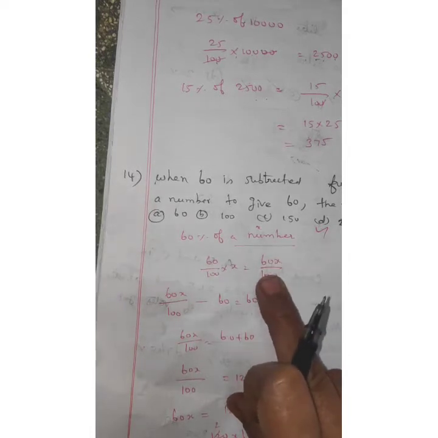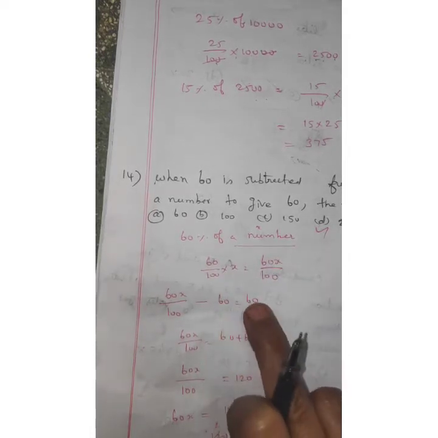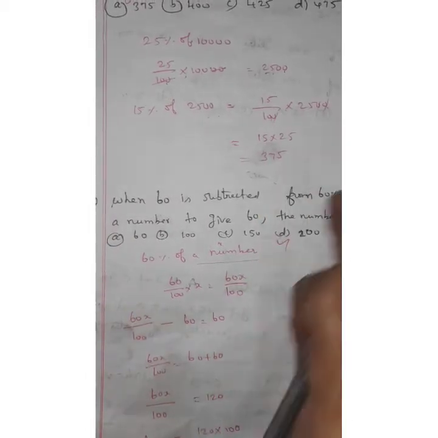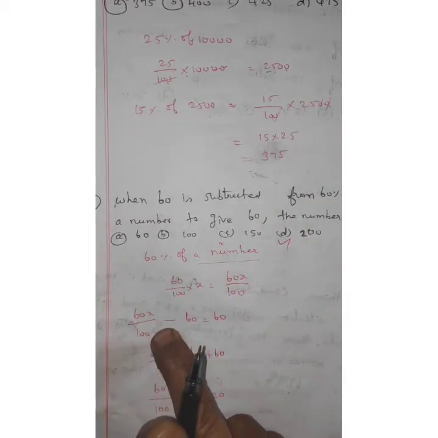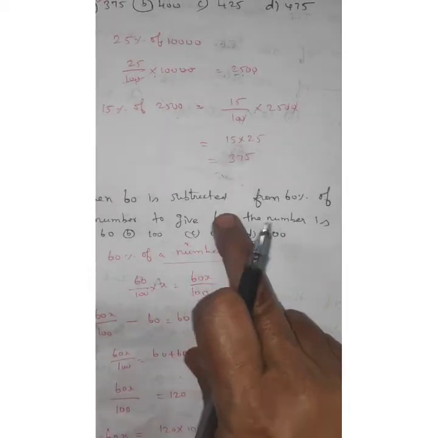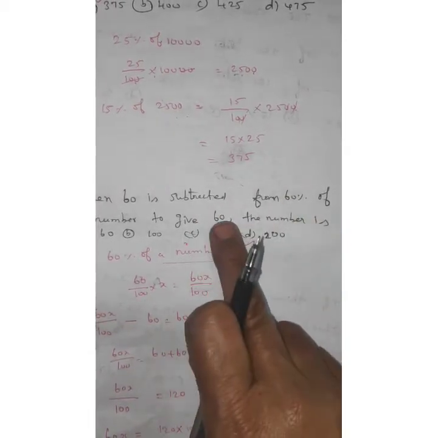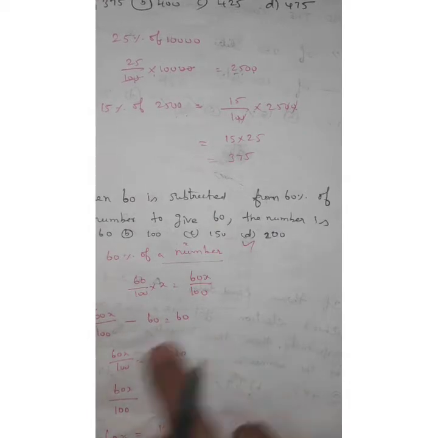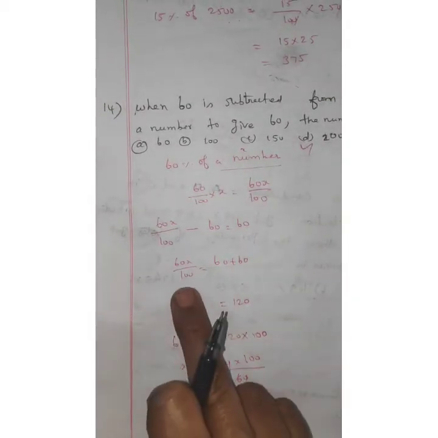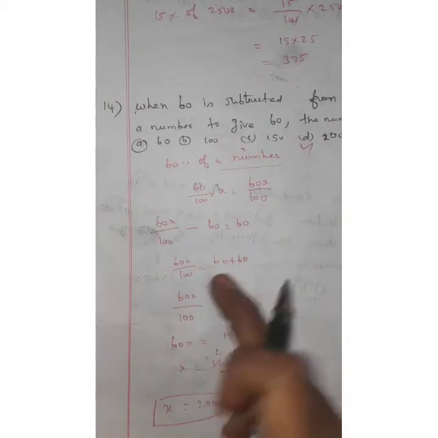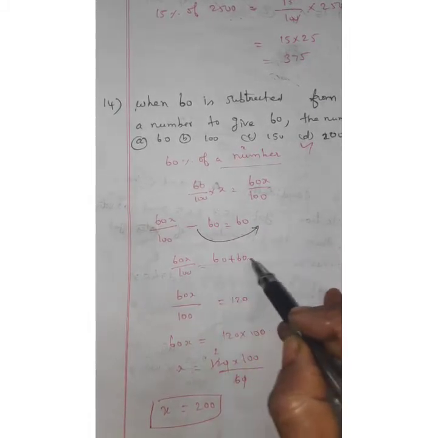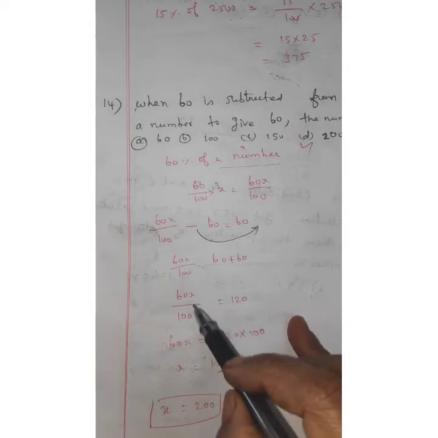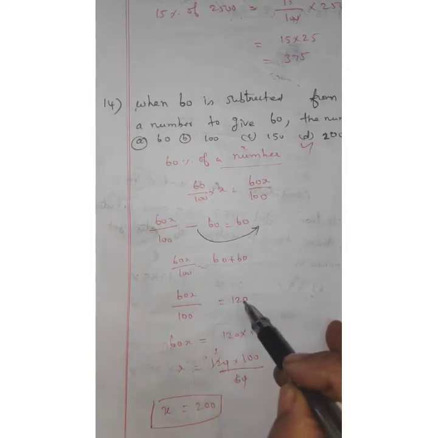When 60 is subtracted from this, you get the answer 60. Writing the equation: 60x divided by 100 minus 60 equal to 60. 60x divided by 100 equals 60 plus 60, equal to 120.